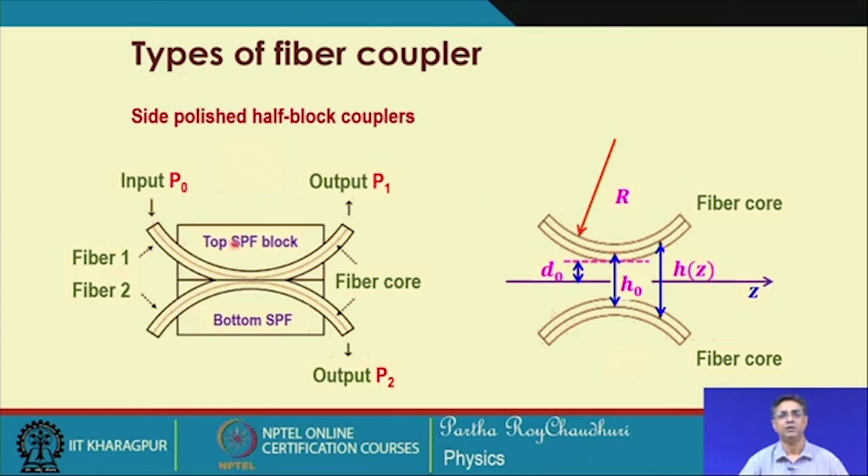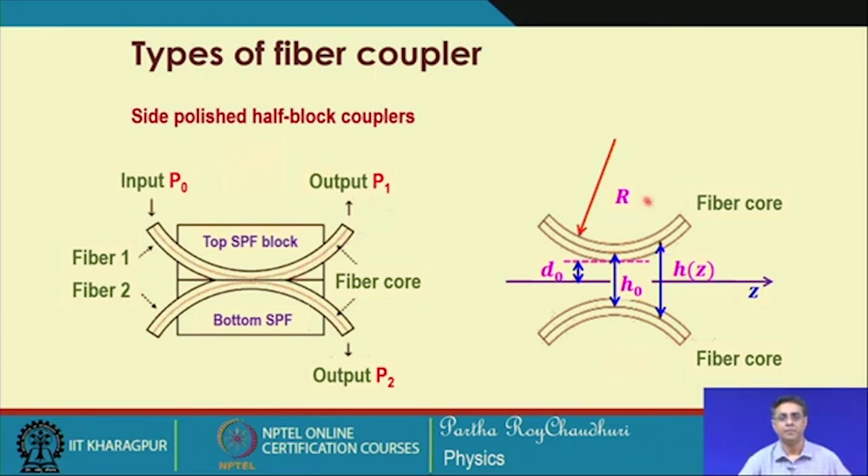Each of these side polished blocks is polished at this region, so that the cladding is removed and you reach almost close to the core. Then these two fields can interact evanescently, and the light given as input into this can couple into the other, and part of the light will be transmitted through this.